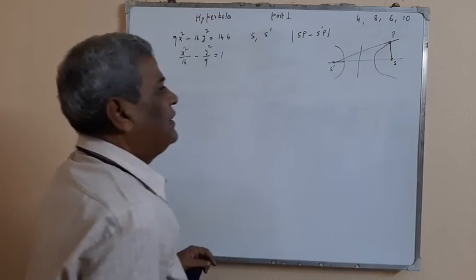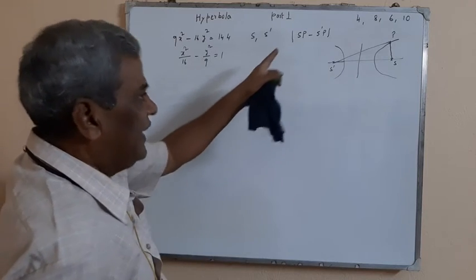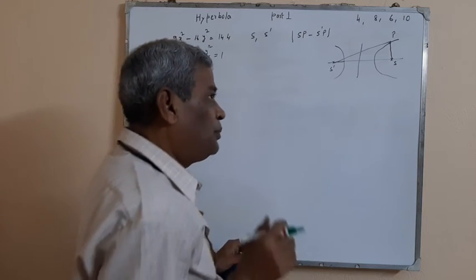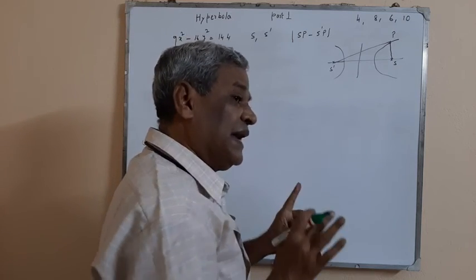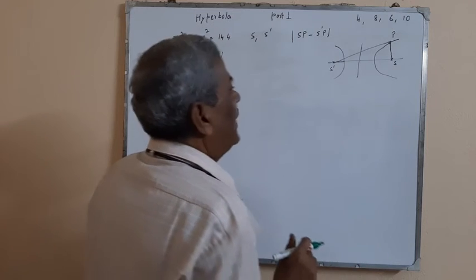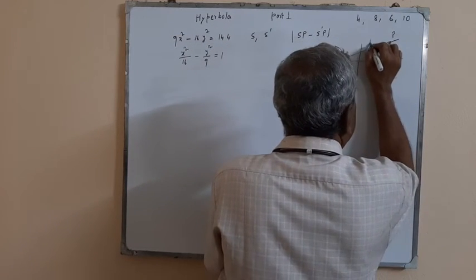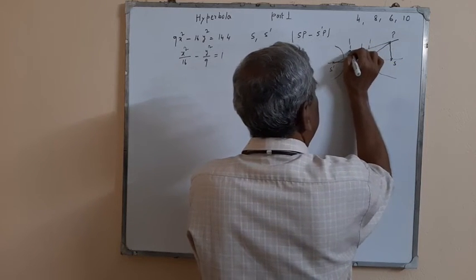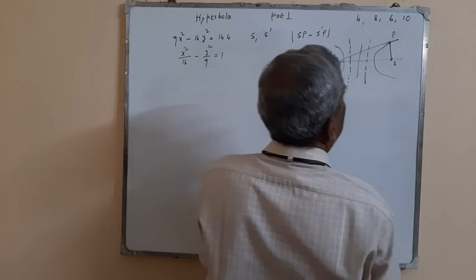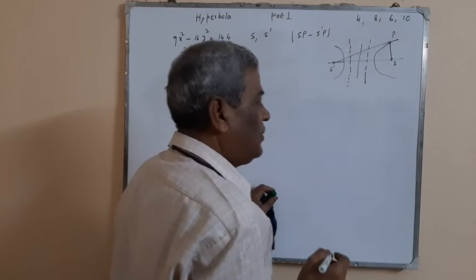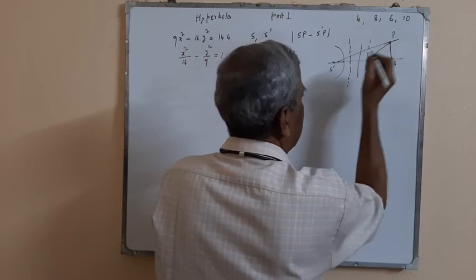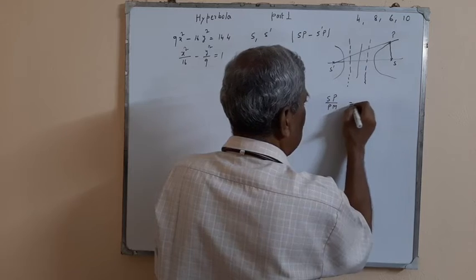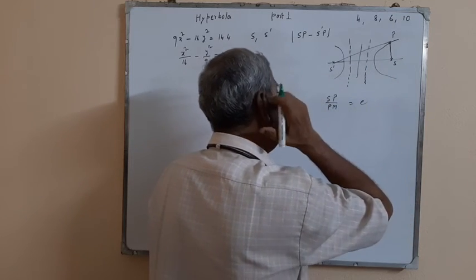We have to find the difference of distance, SP minus S dash P. Mind that P is any point. Now consider that these are two directrices. From the definition of hyperbola, we know that SP by PM is equal to e, where e is greater than 1.